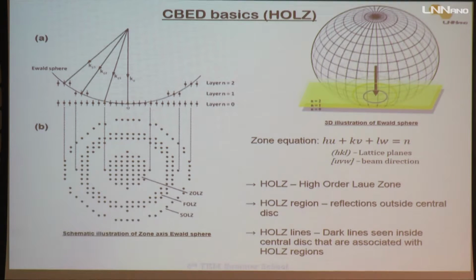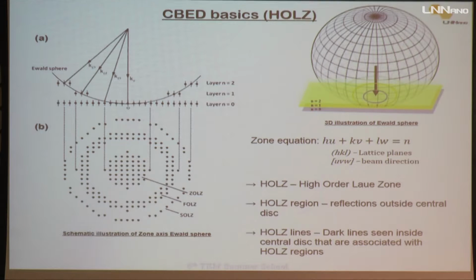I also need to specifically indicate what HOLZ lines and the HOLZ region are. HOLZ lines are the lines that we see inside the zero order level zone. We can see the HOLZ lines here, and those HOLZ lines carry three-dimensional information of a crystal lattice.